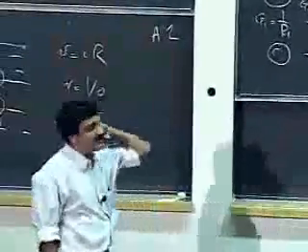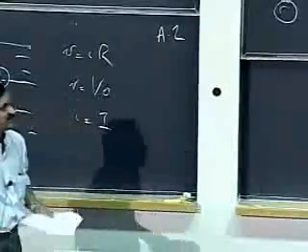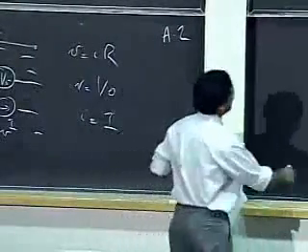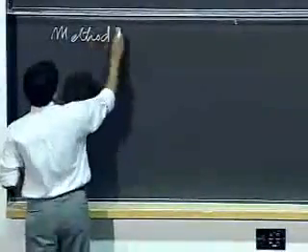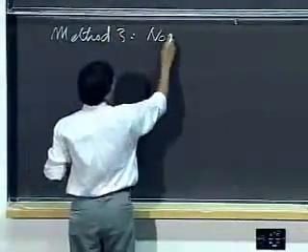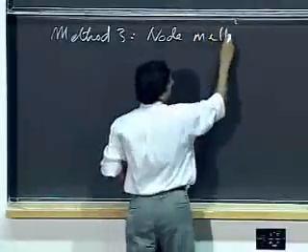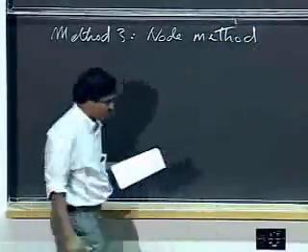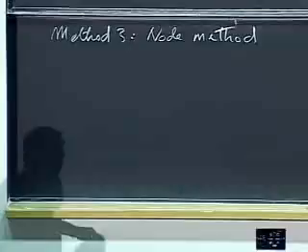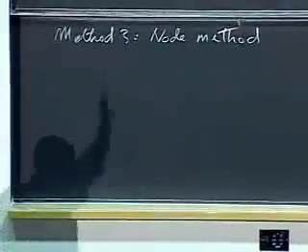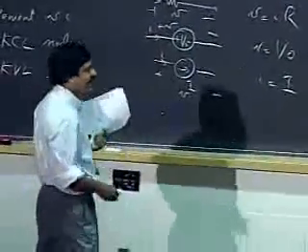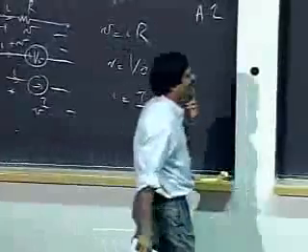All right. So let me go on to the third method of circuit analysis, and the third method is called the node method. So the node method is simply a specific application of the KVL-KCL method and results in a much, much more compact form of the final equations.